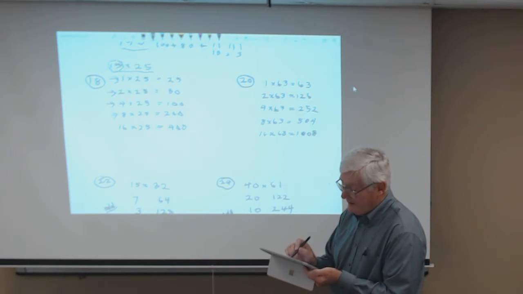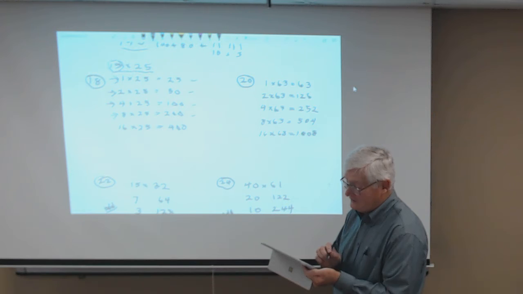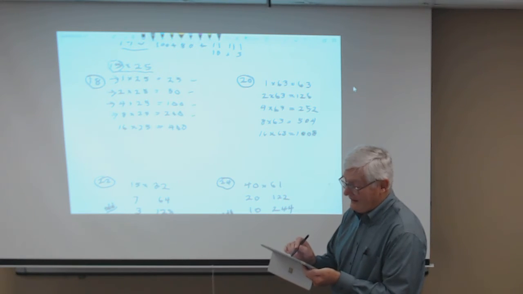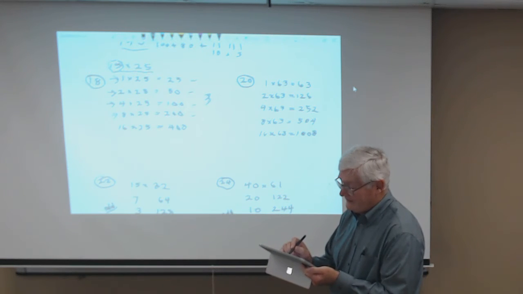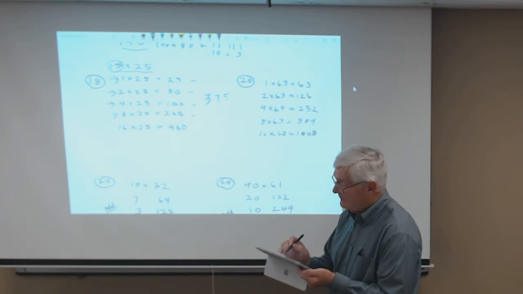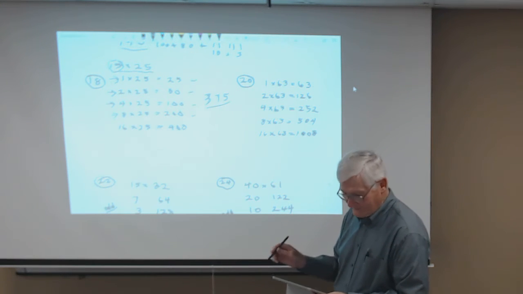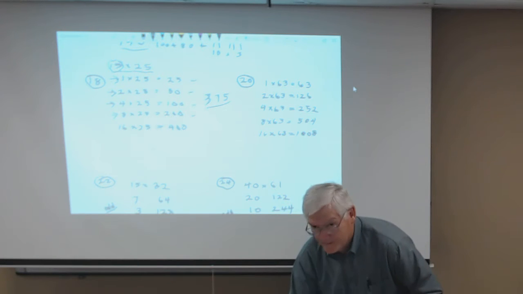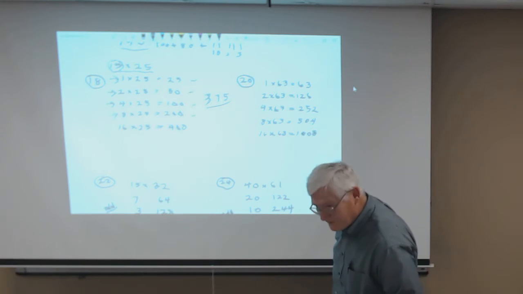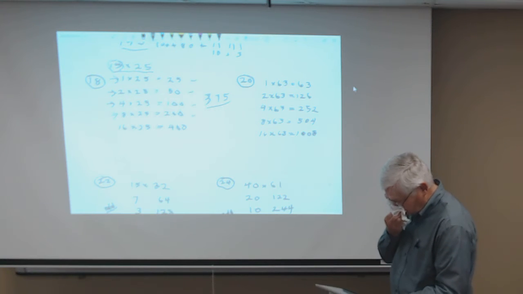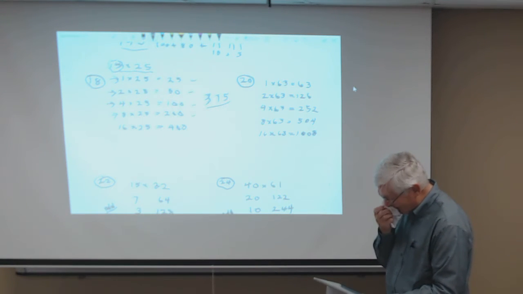So I just add these numbers. And that's the answer. 200, 375. 375 is 15 times 25. Is that what your calculator says? When you work it? Or did I make a mistake somewhere?